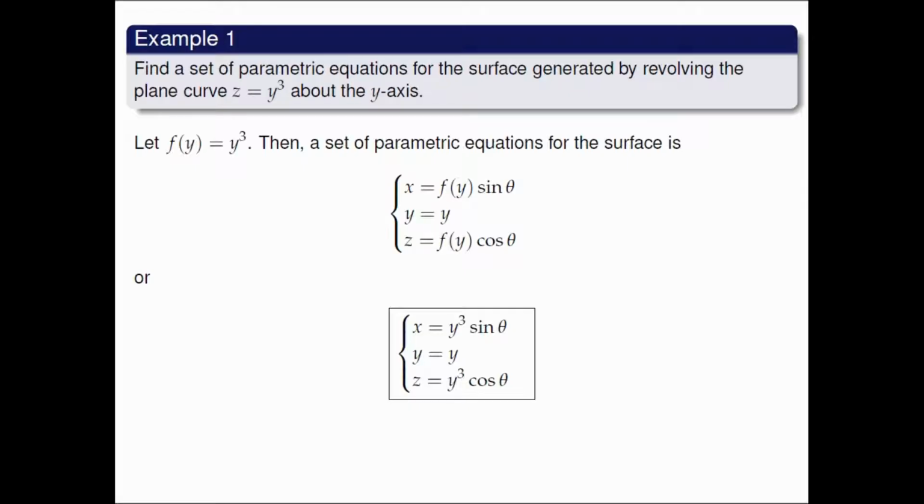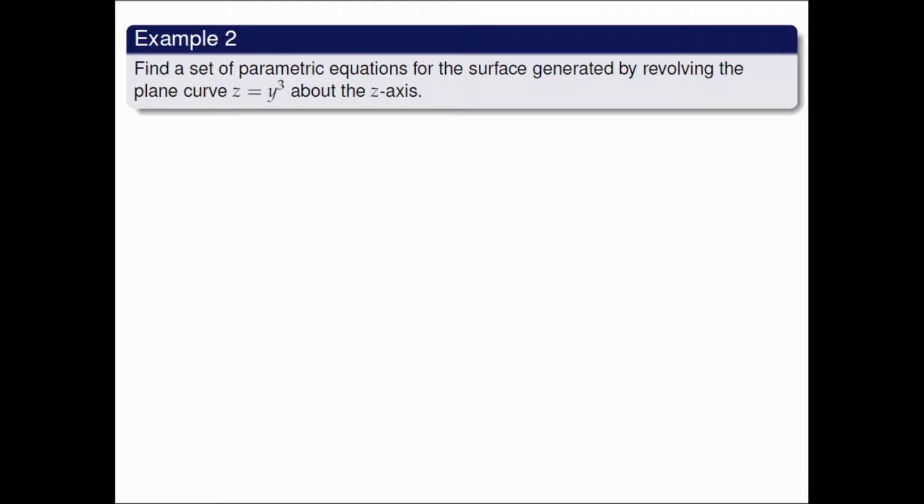So we are done with the first example. We proceed to the next item. For this example, it's the same plane curve, but this time, the axis of rotation will now be the z-axis.